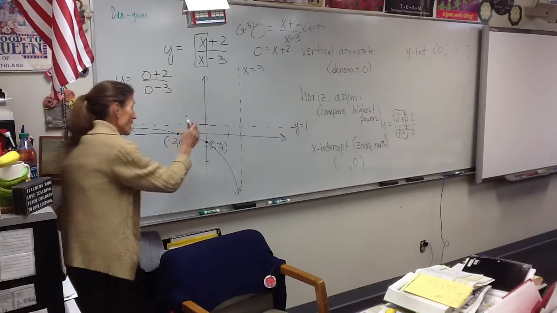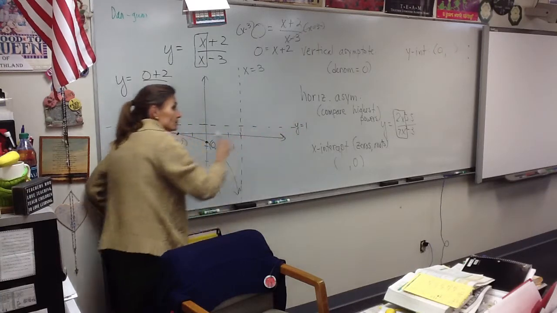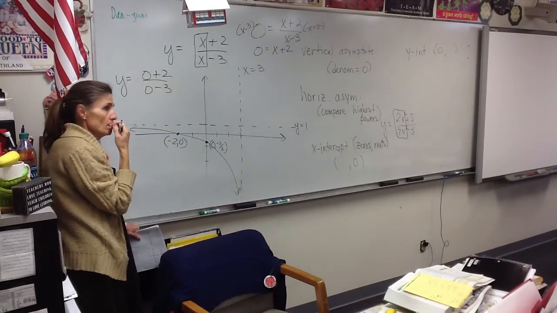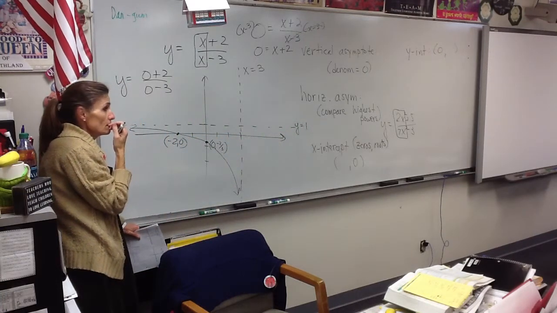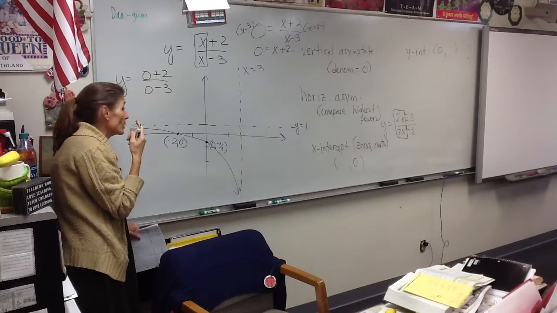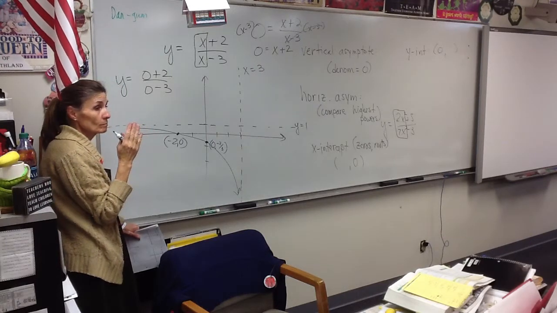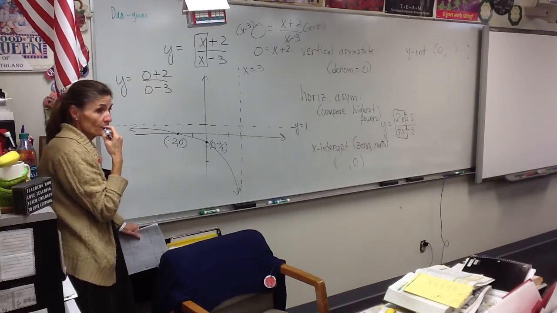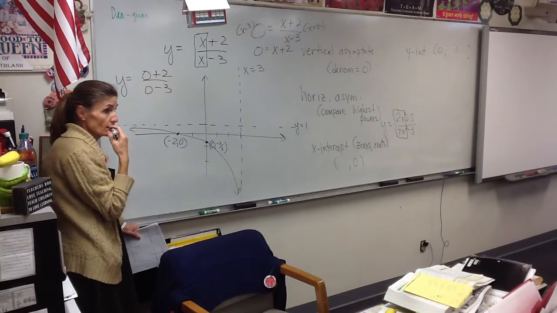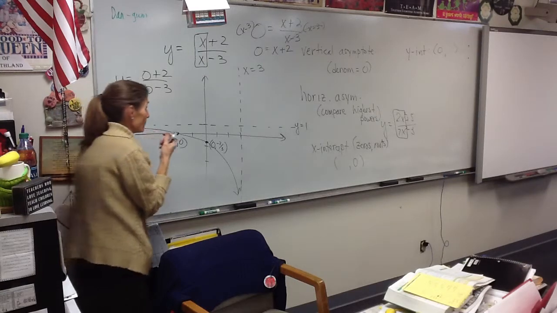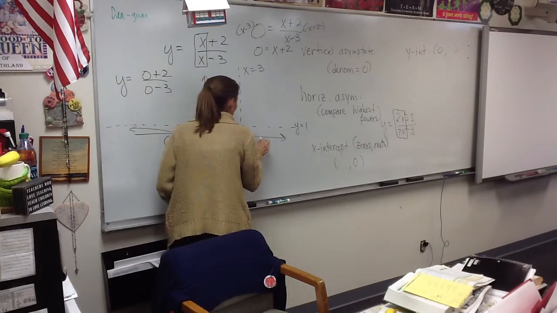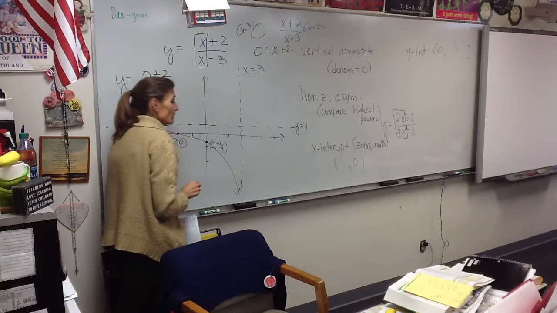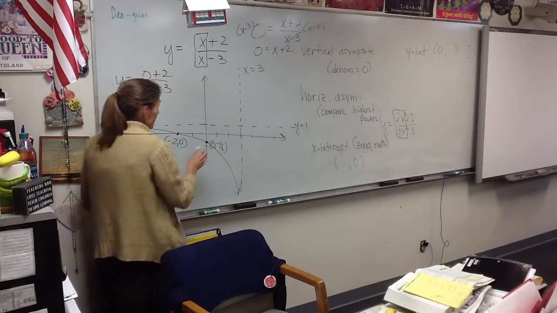Any idea what's going on over here? What? There's no shading. This isn't an inequality, so we're not shading anything. Well, let's plot a point and see if we can figure out what happens.